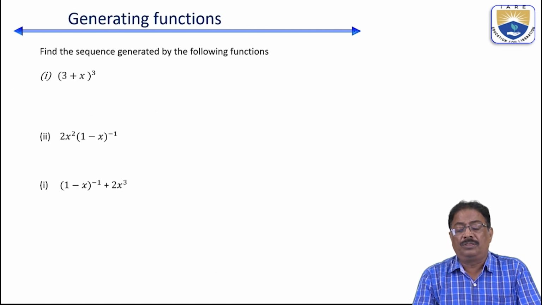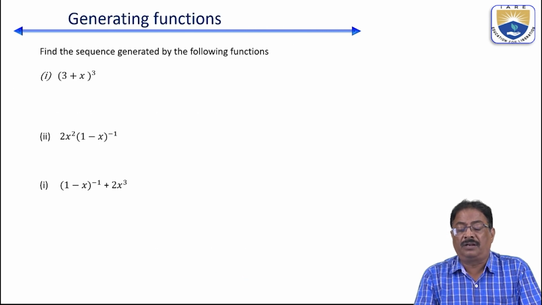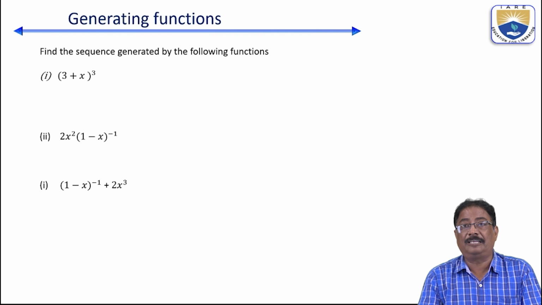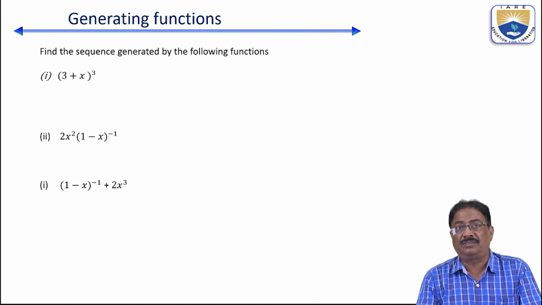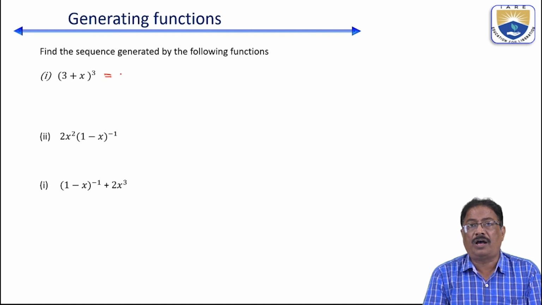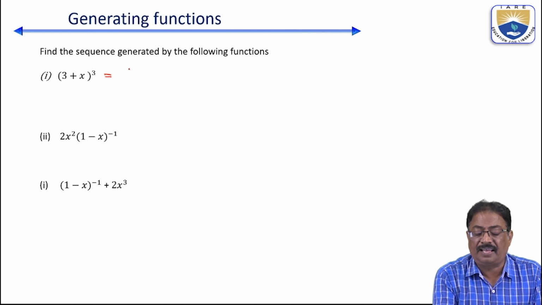Now some problems are given. We are going to find the sequence for this generating function. I write this by taking 3 cubed common, so 27 times 1 plus x by 3 whole cube.